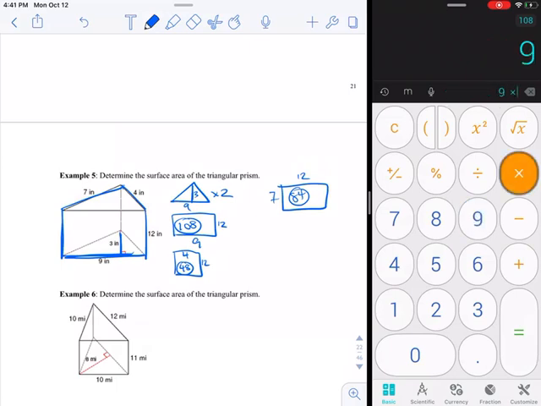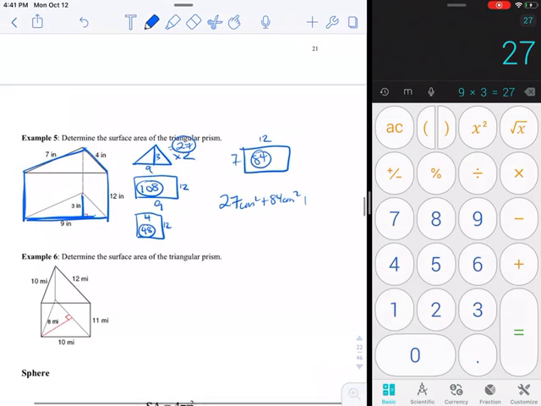So it's just 9 times 3, which gives us 27. So we have 27 centimeters squared plus 84 centimeters squared plus 108 centimeters squared plus 48 centimeters squared. So the total, if you add all that up, is 27 plus 84 plus 108 plus 48 gives us 267.